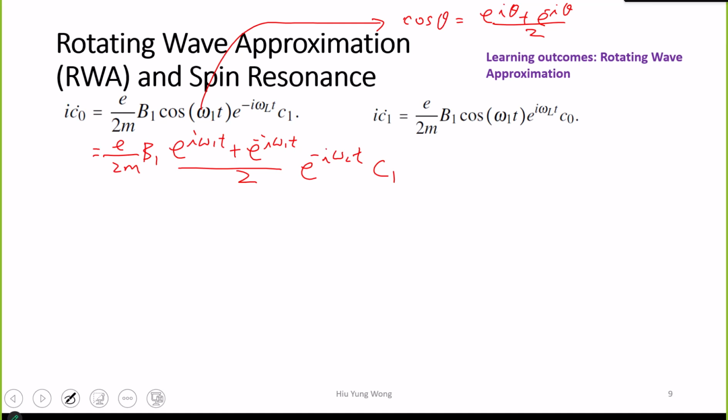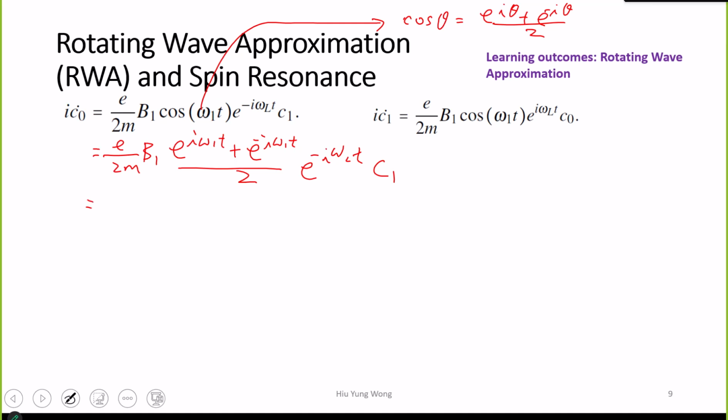Right? I'm just copying everything except that I substitute cosine omega 1t with the summation of two exponentials divided by 2. Is this okay? Now, why do I want to do that? Because I split it into two components.